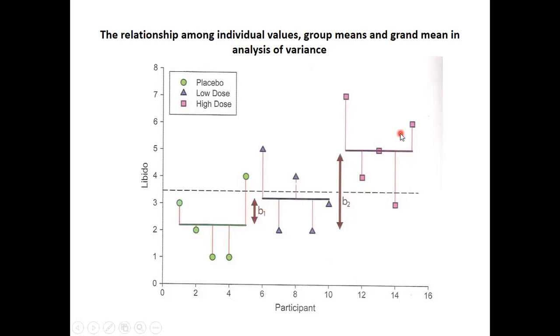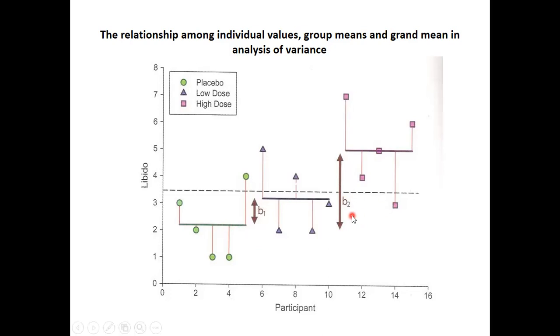So since you have 3 groups now, if you want to do a regression, you have to create 2 dummies. These represent the 2 dummies. Once you use one as a reference, we use the placebo as a reference. So you are trying to see how the low dose is different from placebo. Then how the high dose is different from placebo.